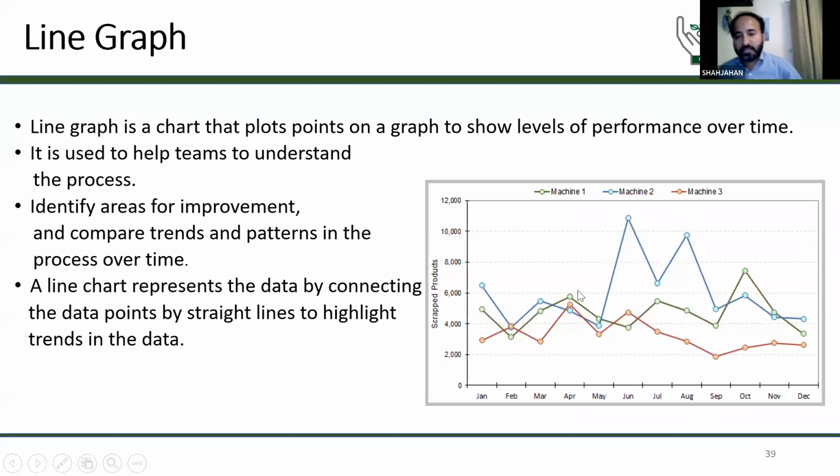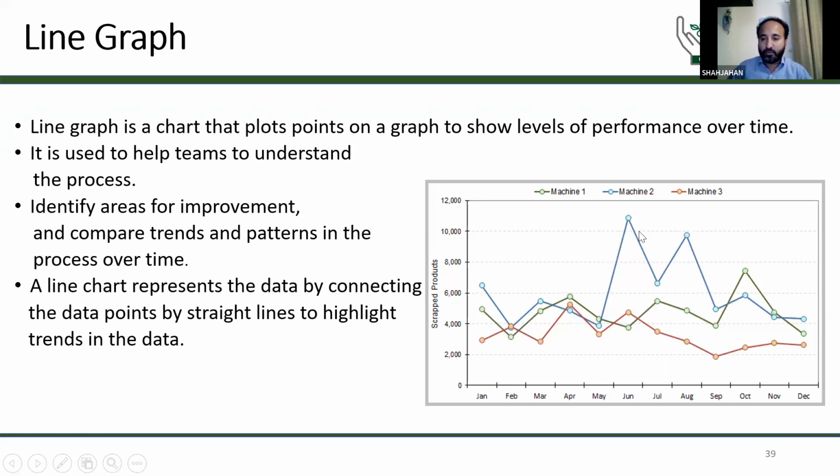Like in this example, you can see this is the data of 3 machines, showing how many scrap products they are making. See in machine 3, the products they are making have very little scrap. This machine is good.